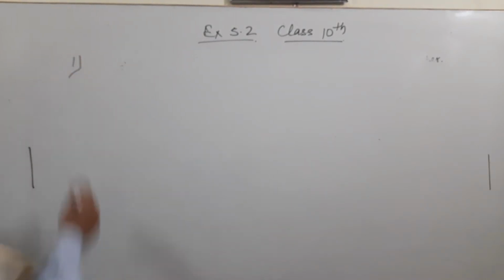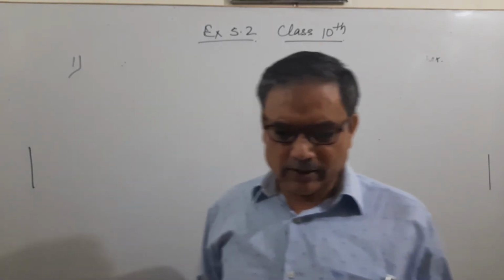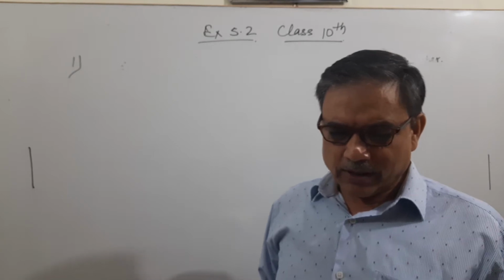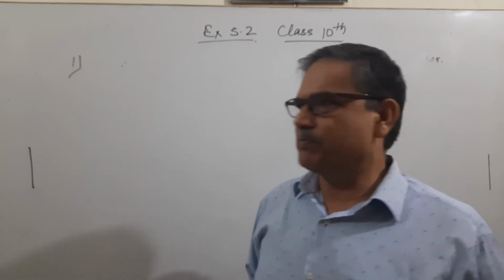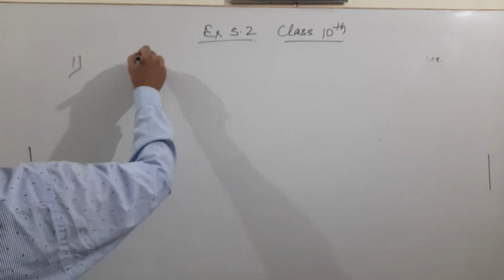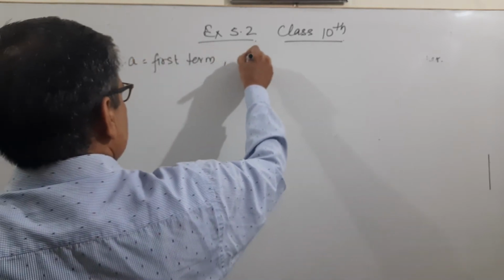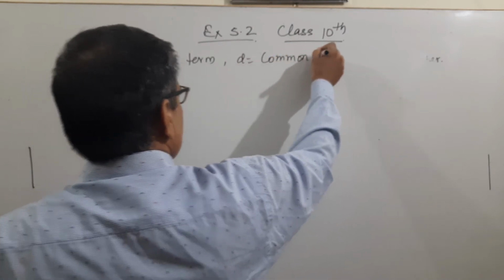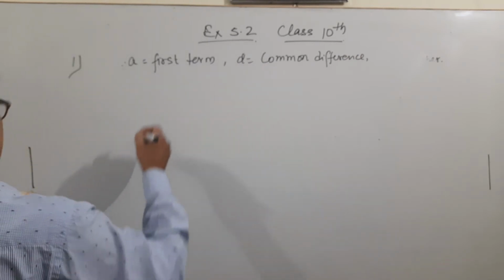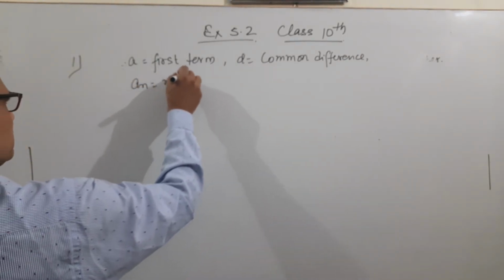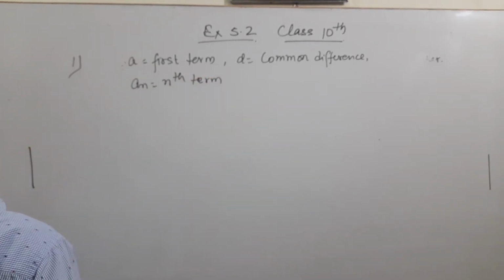Exercise first question: fill in the blanks in the following table, given that A is the first term, D is the common difference, and An is the nth term of an AP.